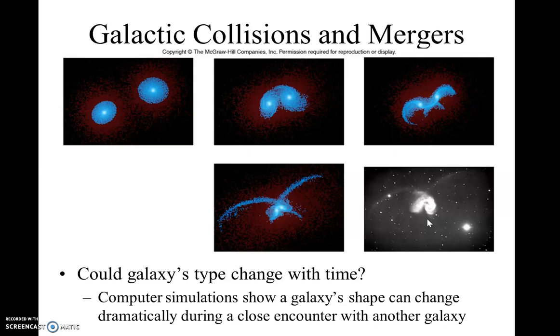And we think this happened a great deal in the early universe. In fact, it's still happening. There's really good evidence that the Milky Way has had multiple galaxies merge with it, like little elliptical galaxies. We even see evidence of that today.